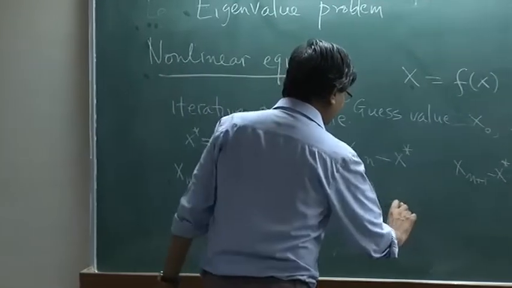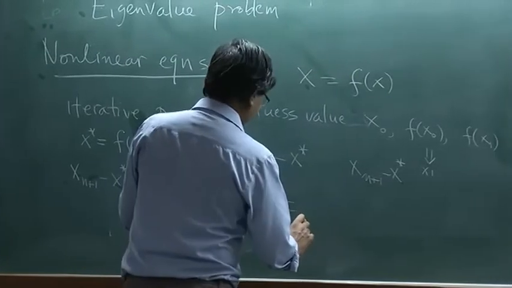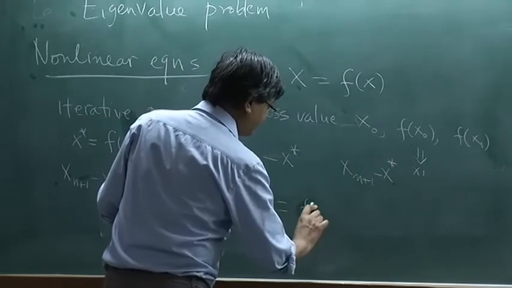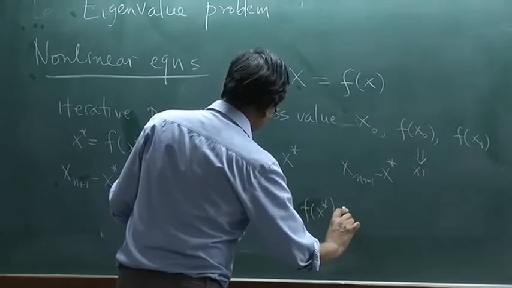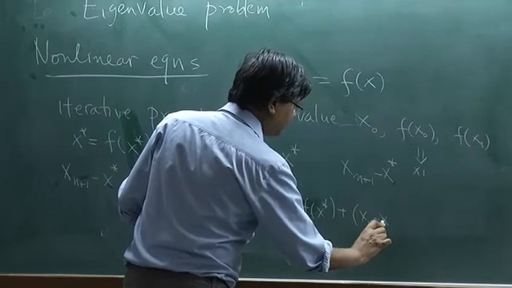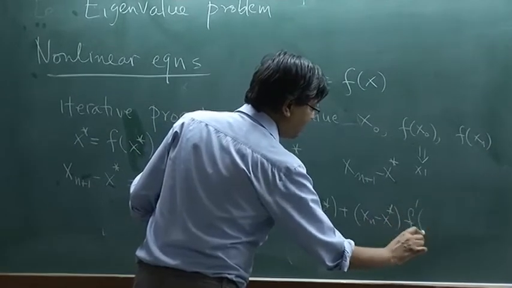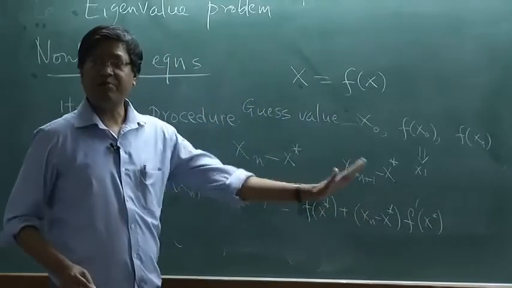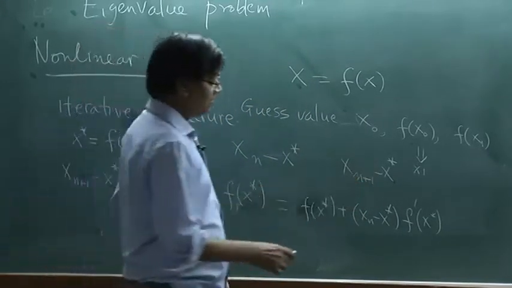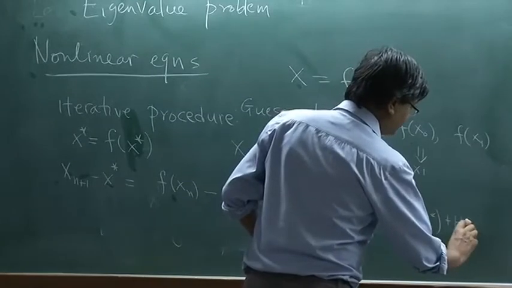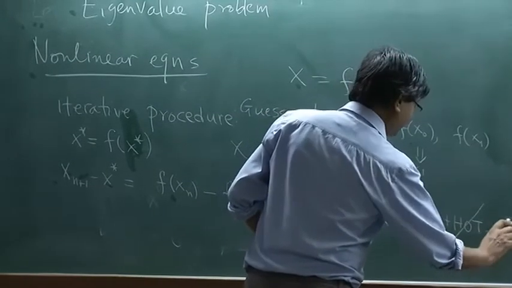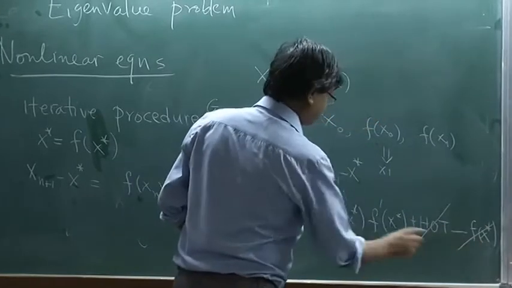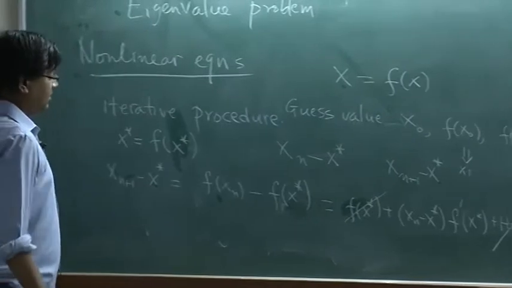The Taylor expansion gives me f(x star) plus (x_n minus x star) f prime at x star, plus higher order terms, which I drop, minus f(x star), and f(x star) cancels.